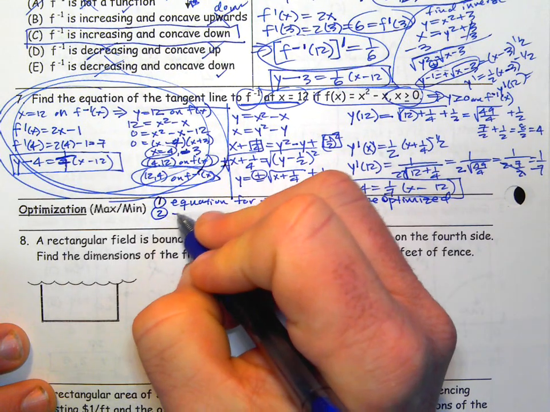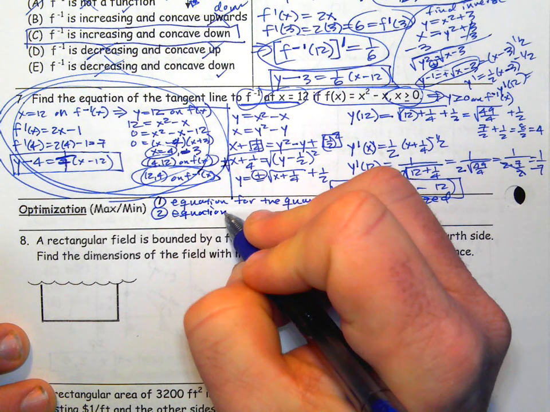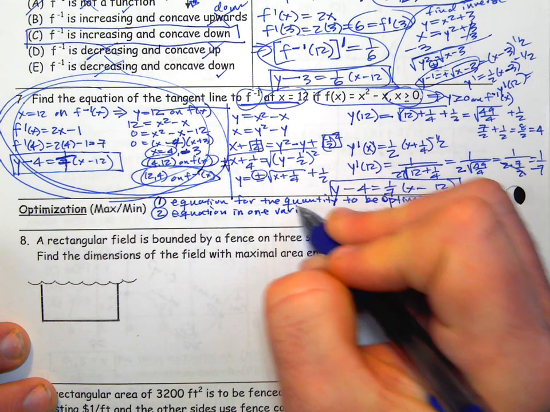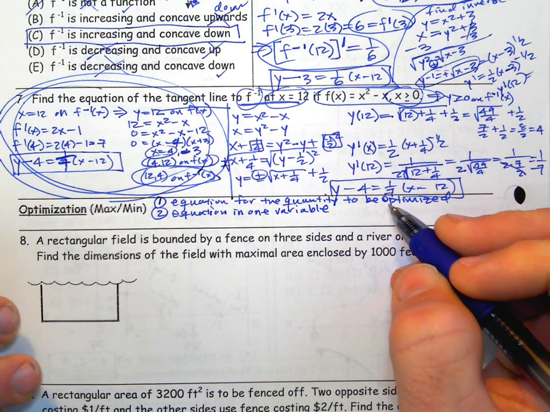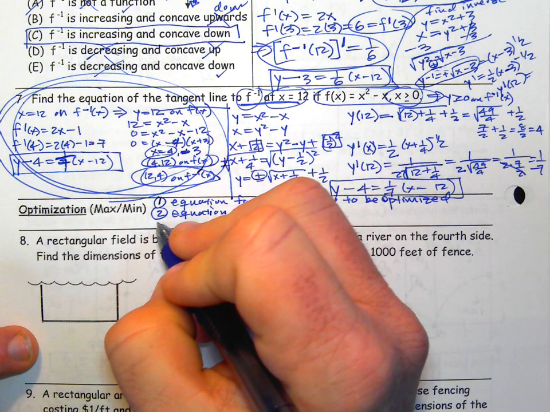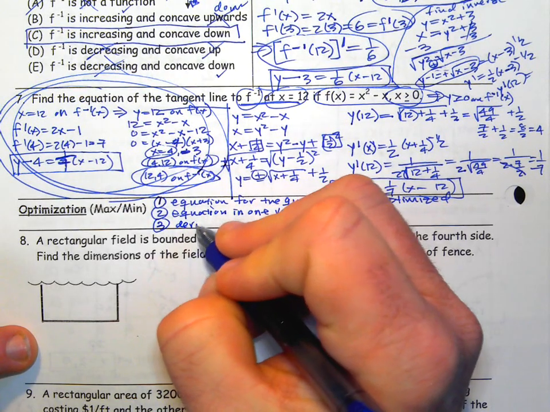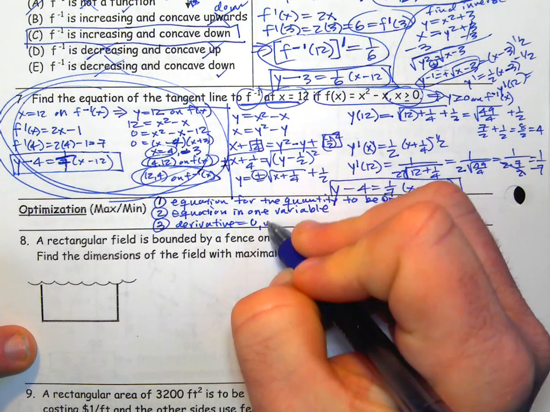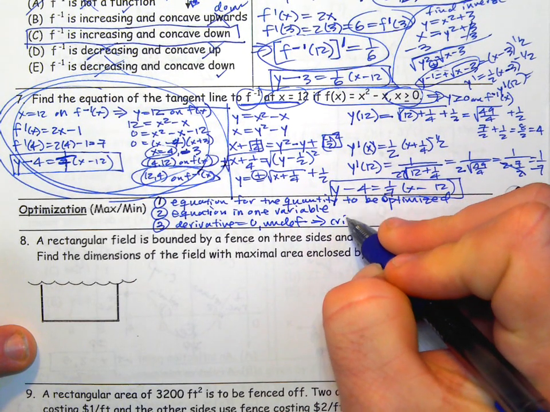Then the second step is to get that equation in one variable. There's usually some other restriction that will give you a relationship between the two variables, so you can rewrite as one variable. Step 3, we're going to take the derivative of our equation in one variable and set it equal to 0 or undefined so that we can find critical points.